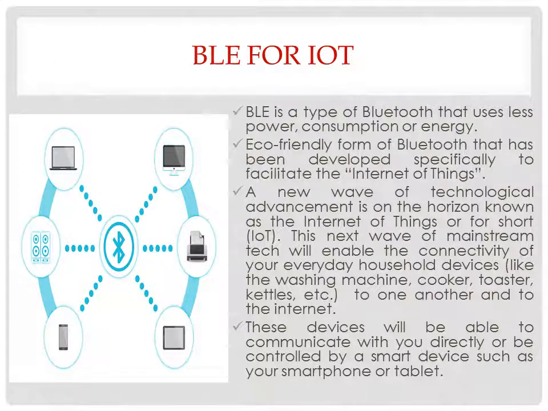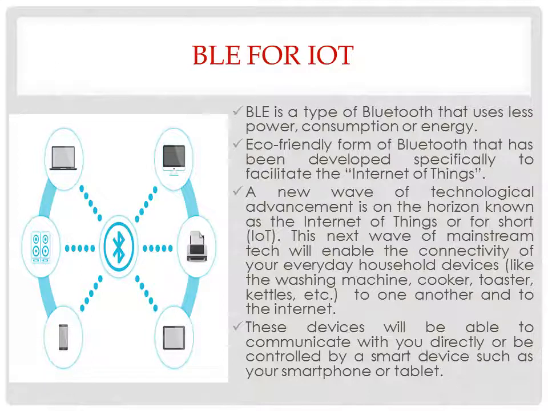However, a new wave of technological advancement is on the horizon, known as IoT, that is Internet of Things. This next wave of mainstream technology will enable the connectivity of your everyday household devices like washing machine, cooker, toaster, kettles, etc., to one another and to the internet.